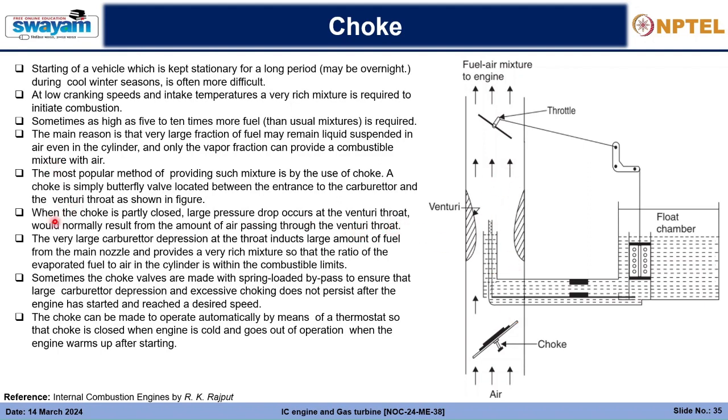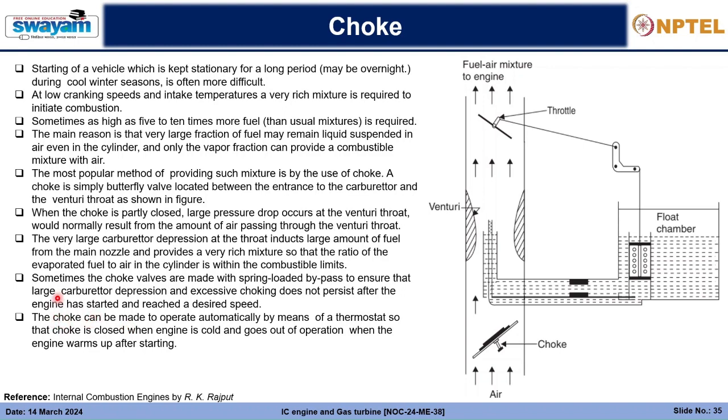The very large carburetor depression at the throat inducts a large amount of fuel from the main nozzle and provides a very rich mixture, so that the ratio of the evaporated fuel to air in the cylinder is within the combustible limits. Sometimes the choke valves are made with a spring-loaded bypass to ensure that excessive choking does not persist till the engine has started and reached a desired speed.